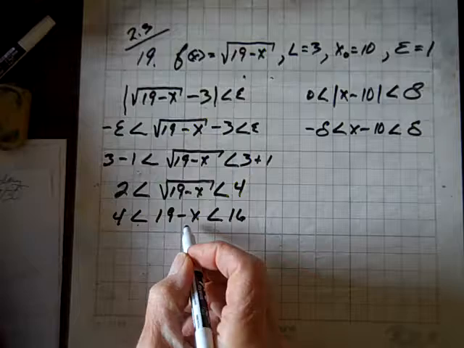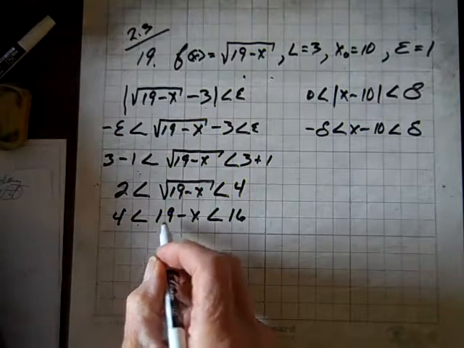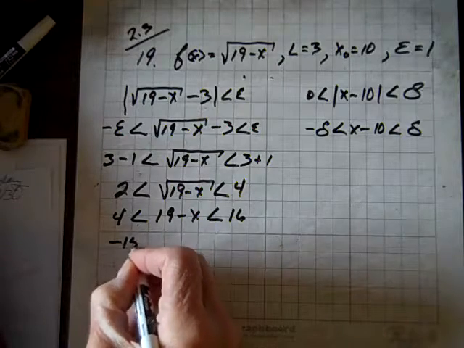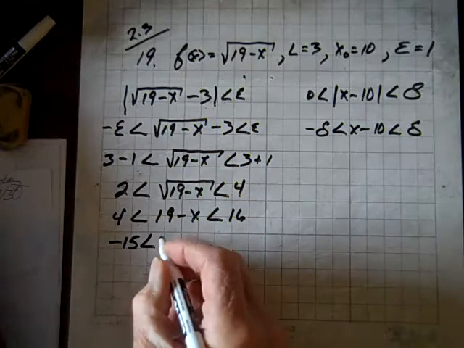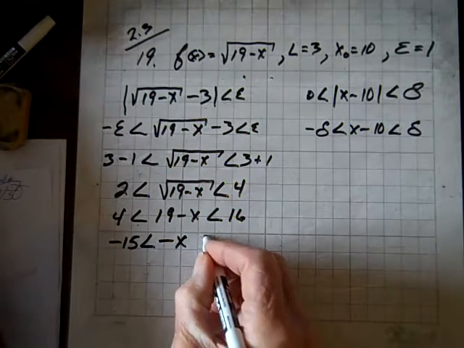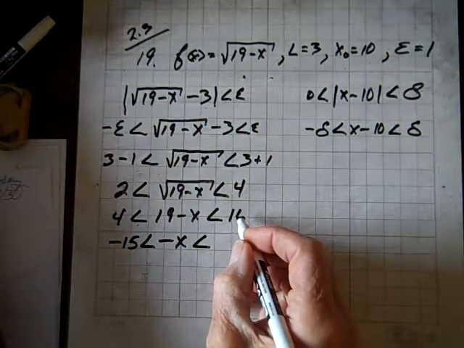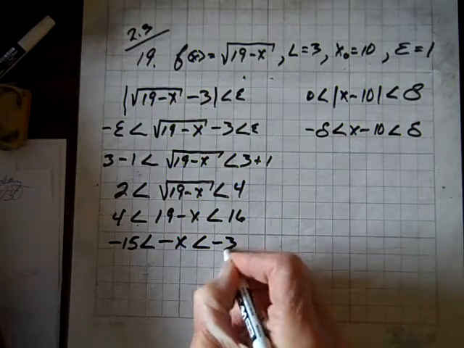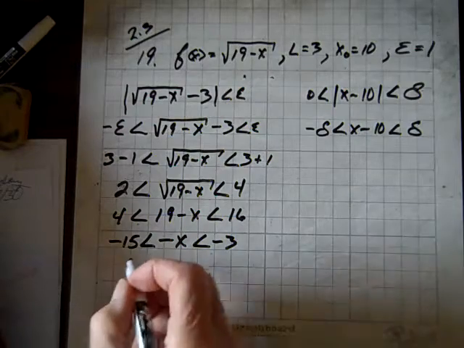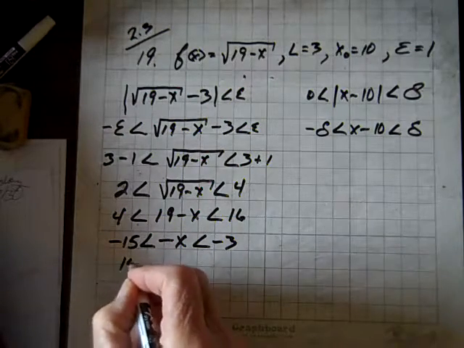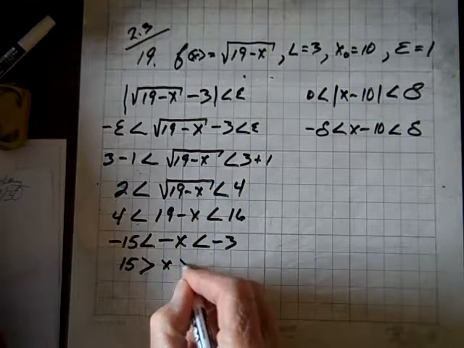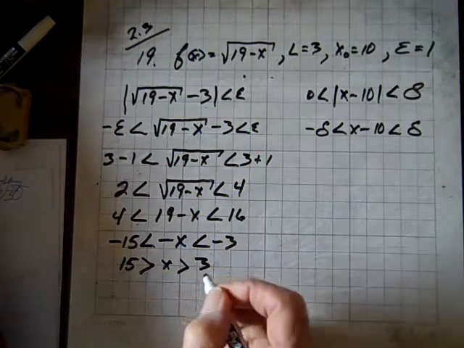Now let's subtract 19 from each interval. Well, 4 minus 19 is negative 15, which is less than negative x, which is less than, and 16 minus 19 is negative 3. Well, we need a positive x isolated, so we'll multiply through by a negative 1, and we get 15 is greater than x, which is greater than 3.